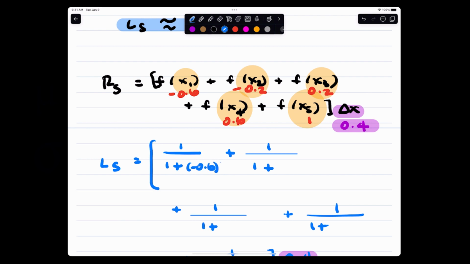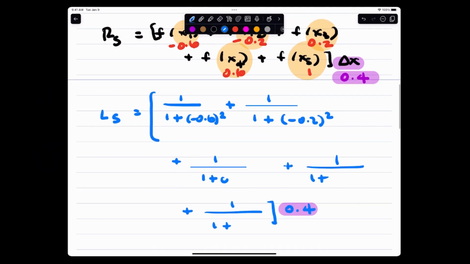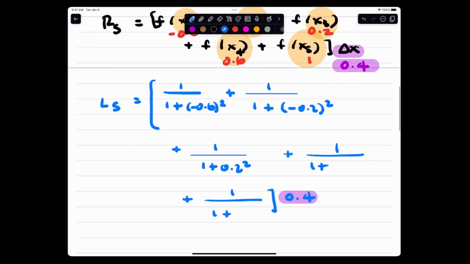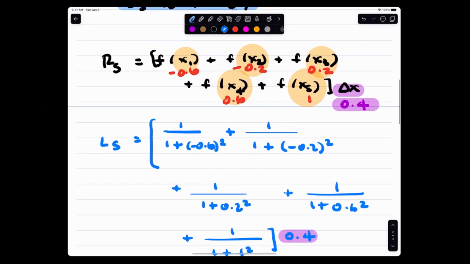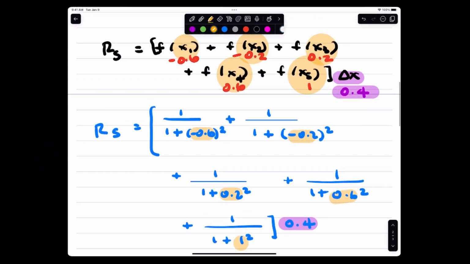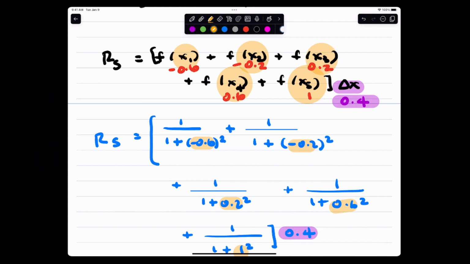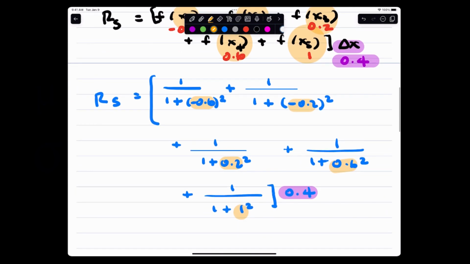Negative 0.6 squared now. And what's the next one? Negative 0.2 squared. And then positive 0.2 squared. And then 0.6 squared. And then a 1 squared. Okay? So this is now going to be R5. And all these are the right endpoints. So you get to plug these values in. It's going to be easy peasy lemon squeezy if we use our calculator, right? And let's try that out.